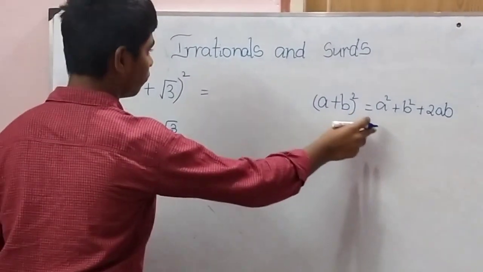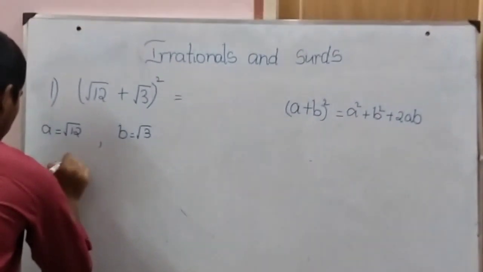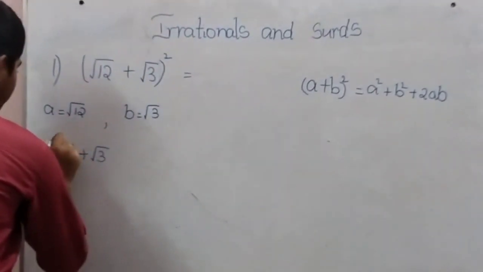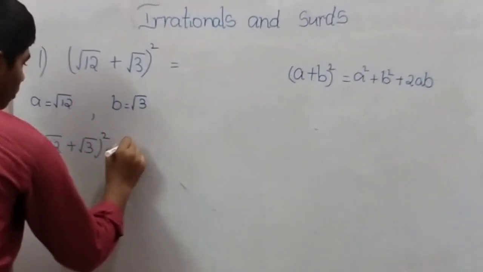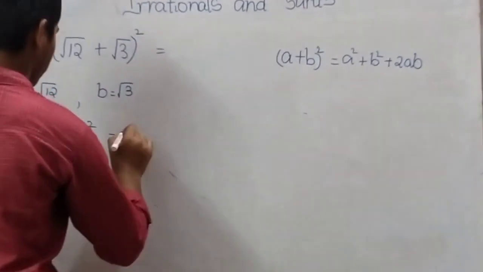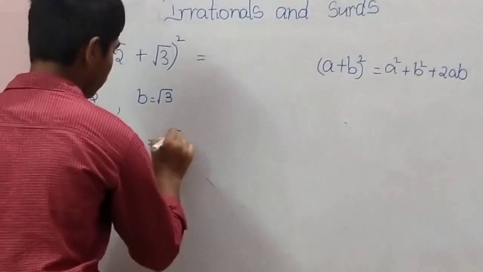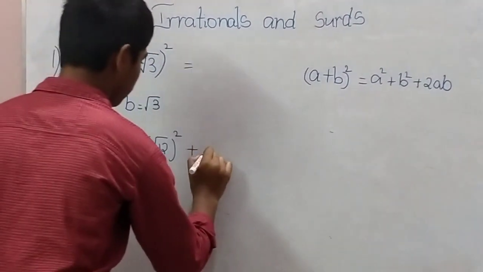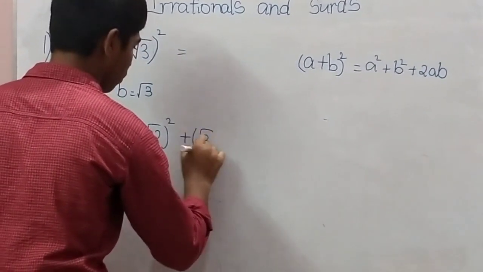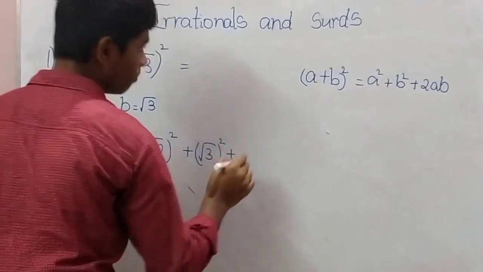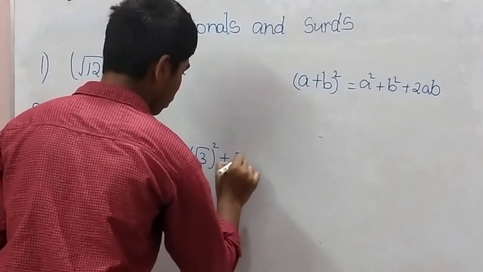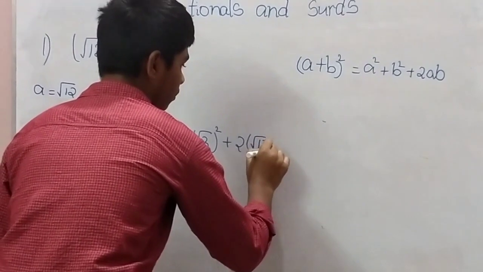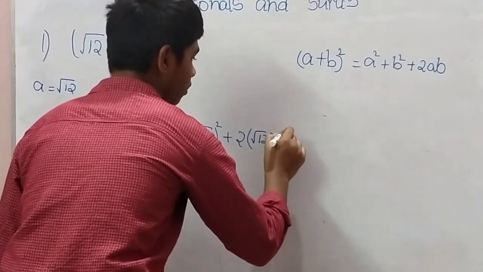Now we apply this formula: (root 12 plus root 3) whole square is a square, root 12 whole square, plus b square, root 3 whole square, plus 2ab, that is 2 into root 12 into root 3.